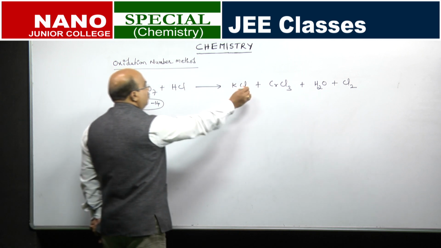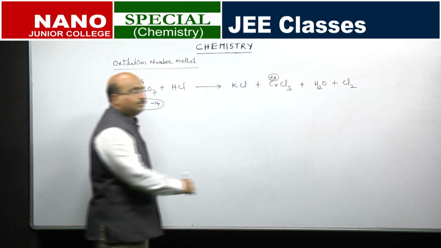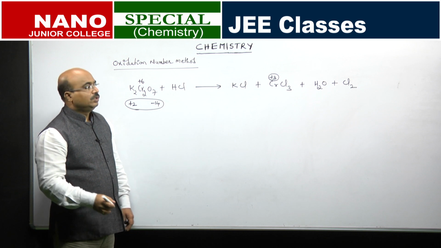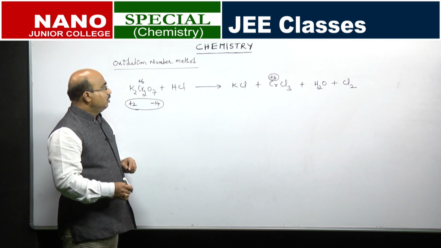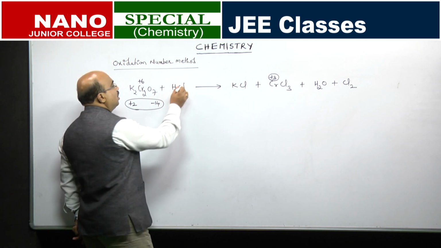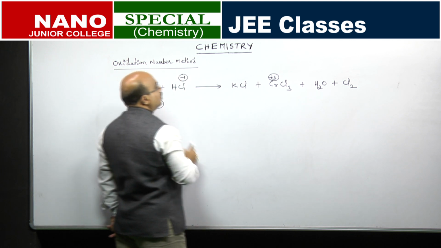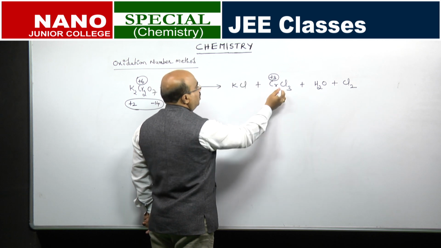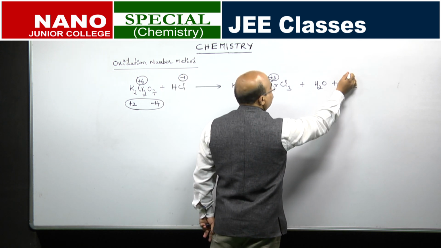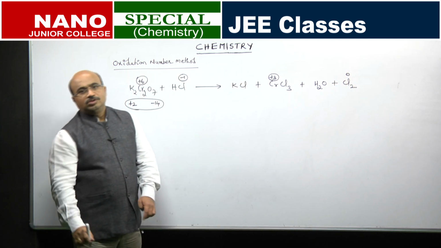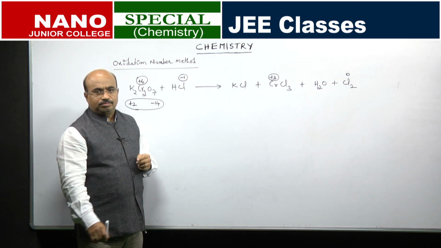But when you determine on the right side, chromium is +3. So, chromium is reducing. Now, chlorine: here chlorine is -1 because hydrogen is +1, and in KCl and CrCl3 also chlorine is -1, but here chlorine is 0. It means all HCl will not be converted to Cl2.